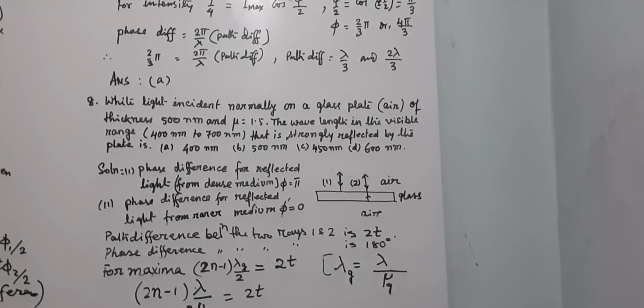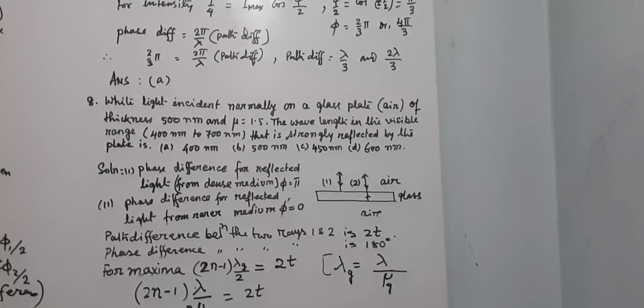Therefore, path difference between the two rays 1 and 2 is twice t, but the phase difference between these two rays is 180 degree. So interference fringes will form. Now as they are in opposite phase, the first maxima will take place at 2n minus 1 into lambda glass divided by 2 equal to 2t. This is the bright fringe.